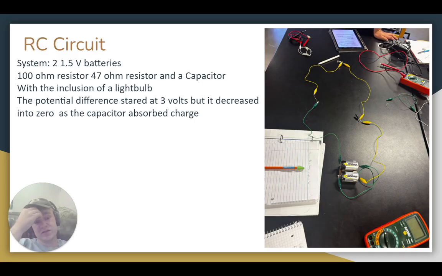And the cause of this was the potential difference was actually decreasing as the capacitor was absorbing charge and not letting charge pass through. So then the delta V started at 3 volts and then fell until the system stopped, and then the light bulb turned off as the capacitor was fully charged.